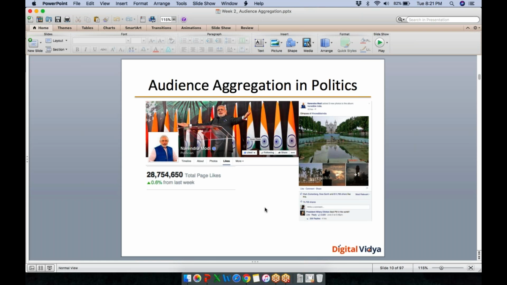But he understands that all those people who are interested in knowing about Modi, okay, should be updated at once for everything that is going around in terms of what he's up to. Now, what is his way or channel to communicate that to the world, not just people in India, at the same time? By posting things on his page, which is being commonly followed by all those people who are interested in the subject called Narendra Modi.